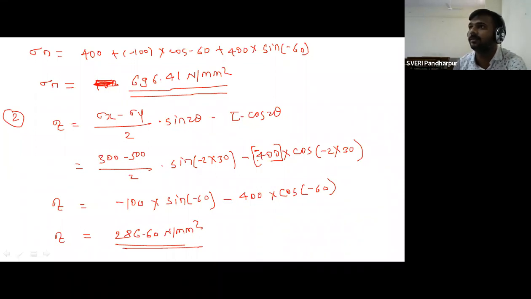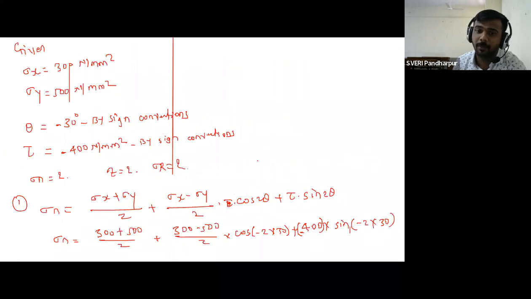If they have calculated sigma n wrong, then they also calculated sigma t wrong, because they have not considered the sign of 400 negative. It's my mistake. I have not kept that negative sign, so you have done the calculation as per my writing. But keep it properly. Minus 400 you have to consider. Have you got the answer? So 3.15 is incorrect. So Asmita will once again calculate by keeping tau minus 400. I forgot to take that negative sign of tau, so do the calculation once again.